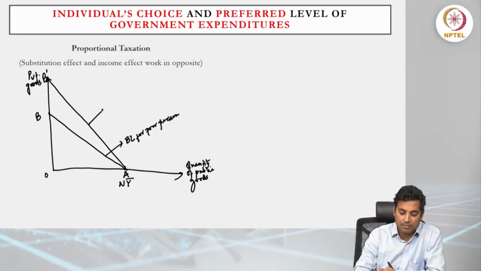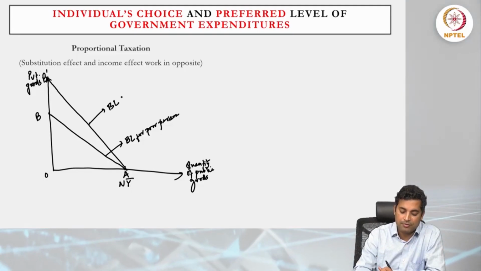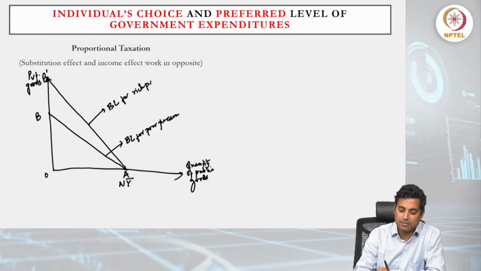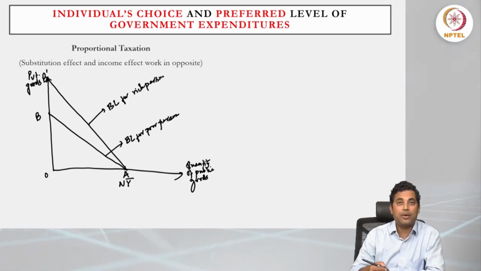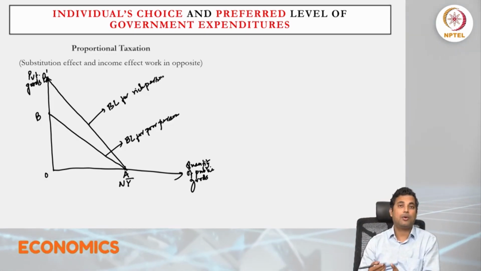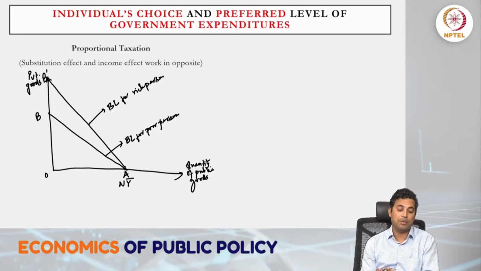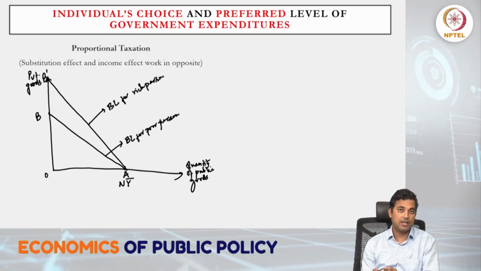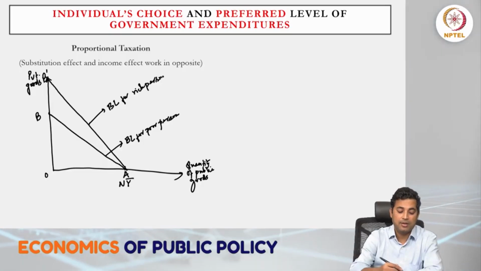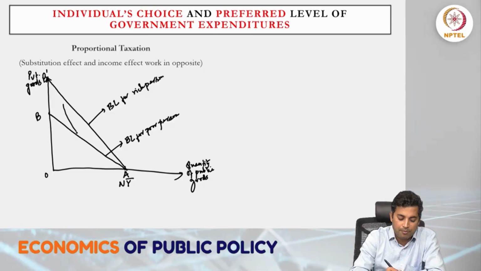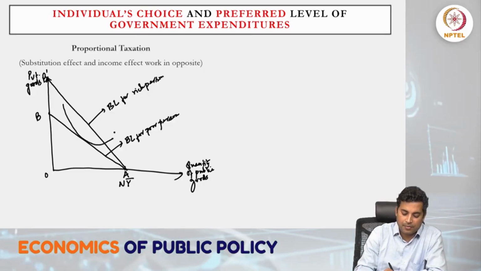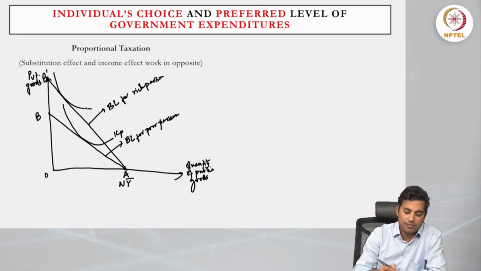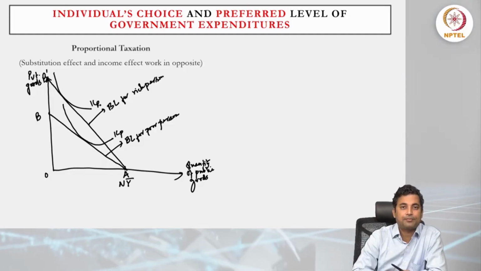So this particular budget line is for the rich person. Here we can see the tangent point, or the equilibrium point, where the budget line will be tangent to the indifference curve. So here, say this is the indifference curve for the poor and this is the indifference curve for the rich.